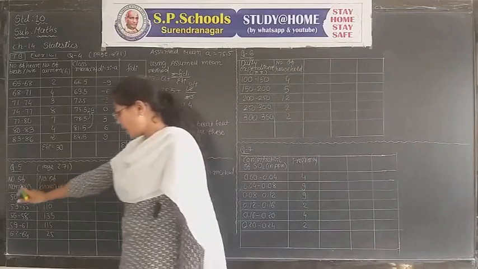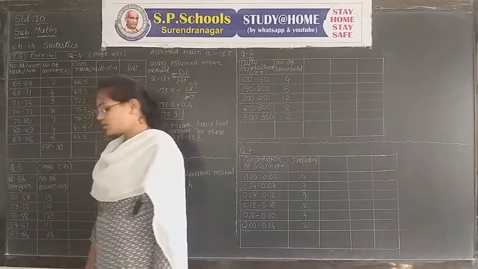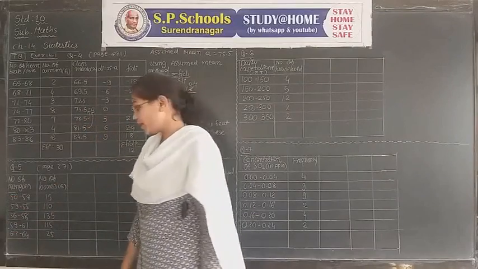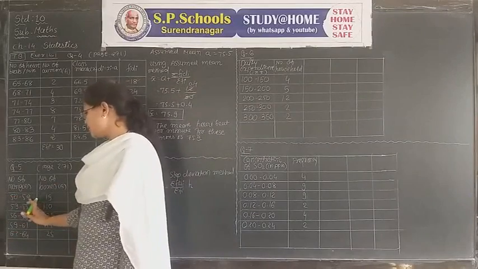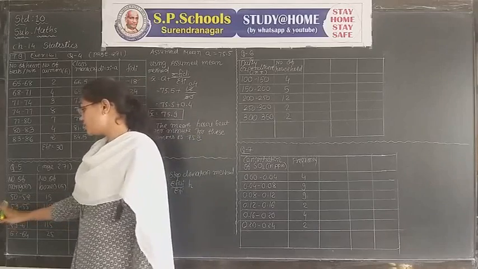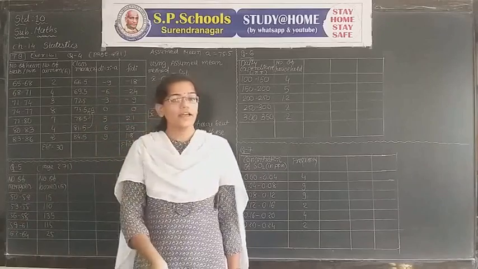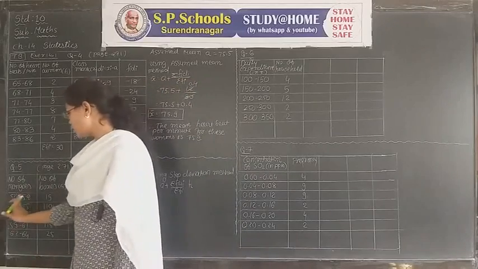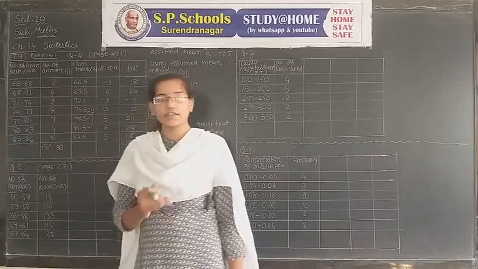See the class intervals. Are they continuous? No, they are discontinuous. Here 52 is the upper limit of the first class interval, but 52 does not equal the lower limit of the next class, so it is not continuous.